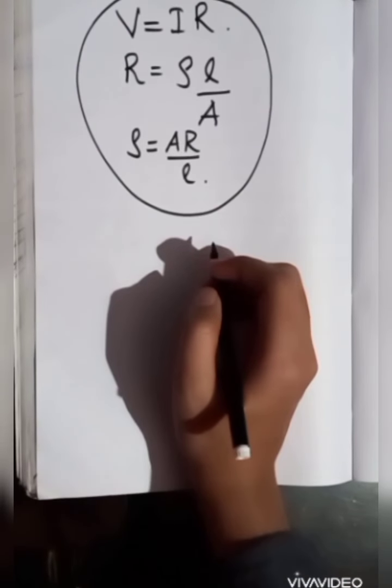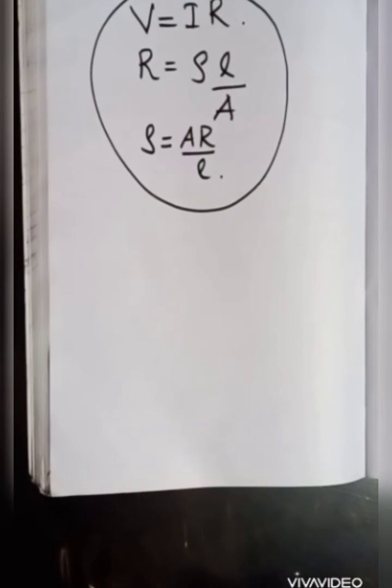Okay, let's start with a simple problem. It is a direct question. The first question is, how much current will an electric bulb draw from a 220 volt source if the resistance of the bulb filament is 1200 ohm?